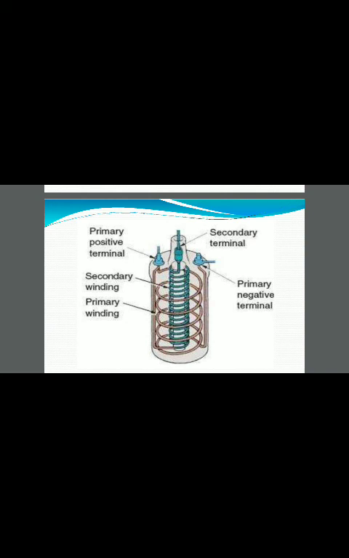You can see here clearly the placement and arrangement of the primary positive terminal, primary negative terminal, secondary terminal, secondary winding, and primary winding. It is the internal structure of the ignition coil.